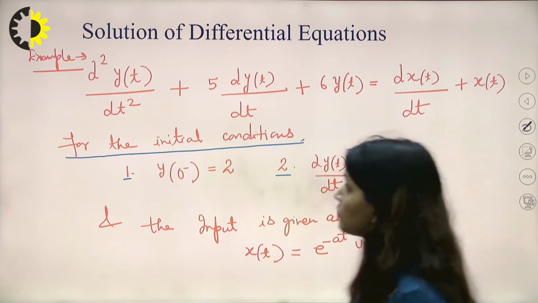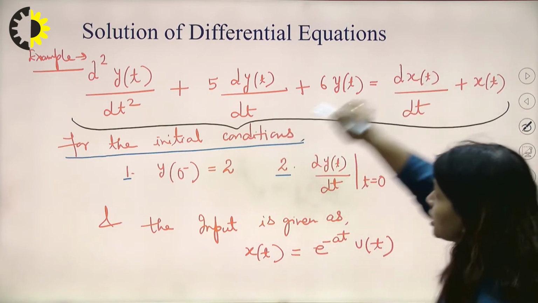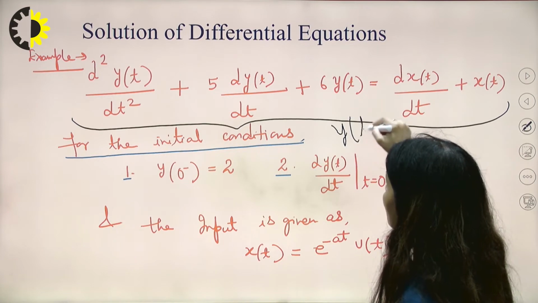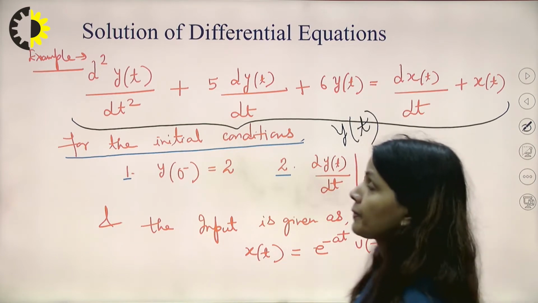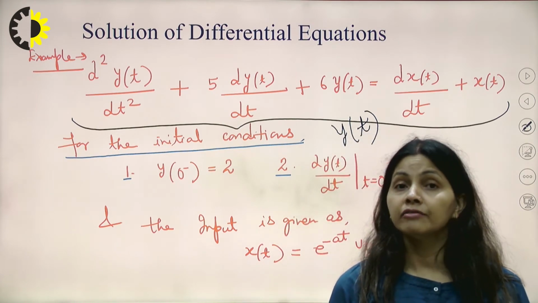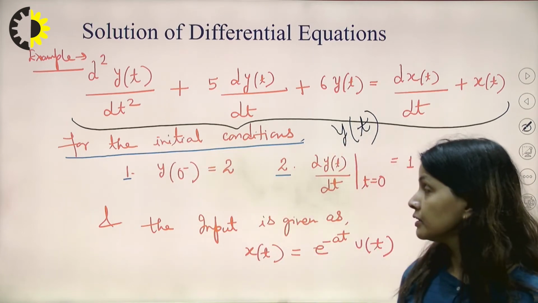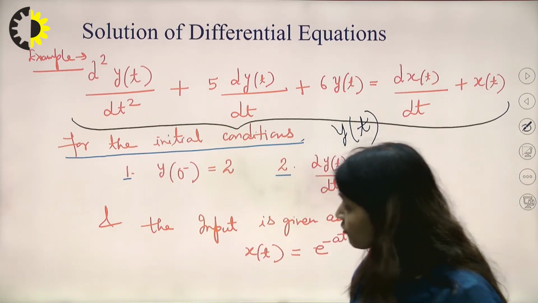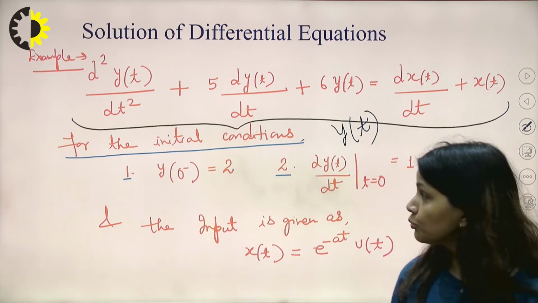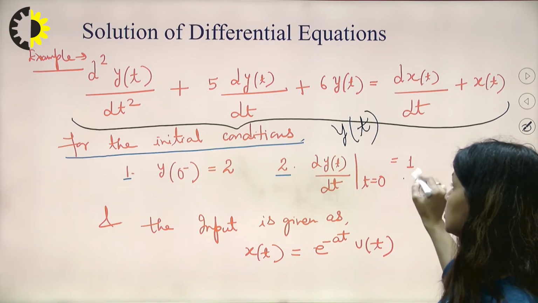So this particular differential equation is being given, and from it we need to find out the value of y(t). That y(t) will be the solution for this differential equation, and some initial conditions have also been given here, that is y(0 minus) is equal to 2 and dy(t) upon dt at t is equal to 0 is equal to 1.